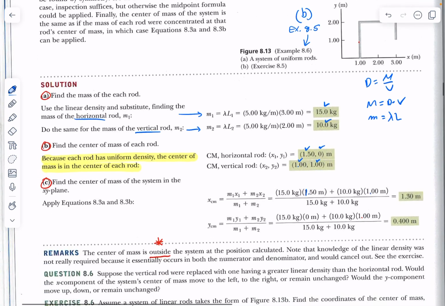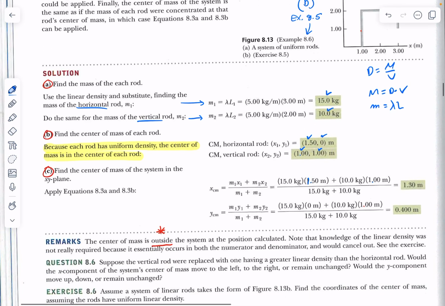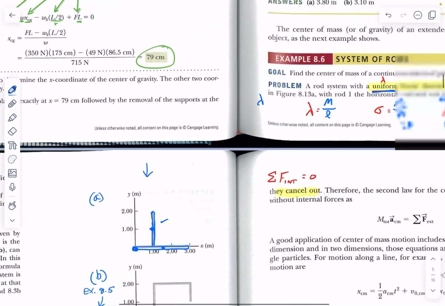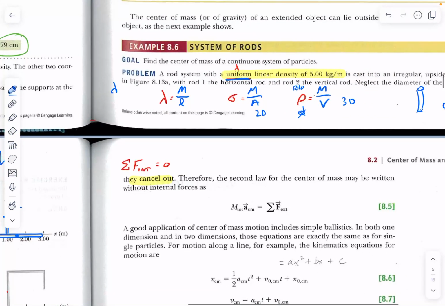Now, when we come to find the center of mass of the entire system, all I'm going to do is plug in my masses, the 15 kilogram mass, and then, let's see here, what are the masses again? I'm going to have to go all the way back to double check. 5 kilograms.